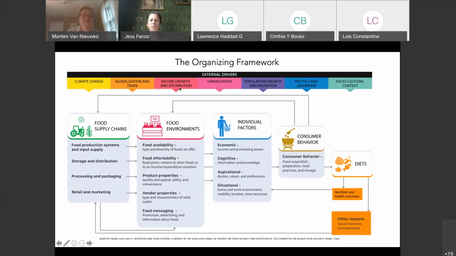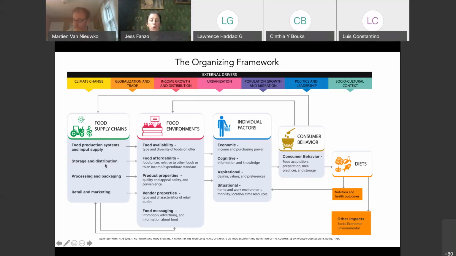And along the top are these external drivers that influence food systems. Some I mentioned earlier: urbanization, climate change, politics, trade. So we tried to pull together indicators across this entire framework. And of course, this group might be particularly interested in the food supply indicators: ag, production, storage, distribution, processing, packaging.